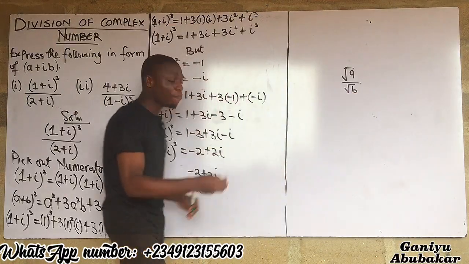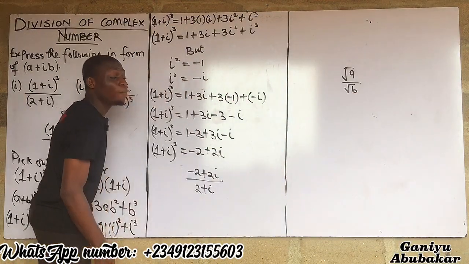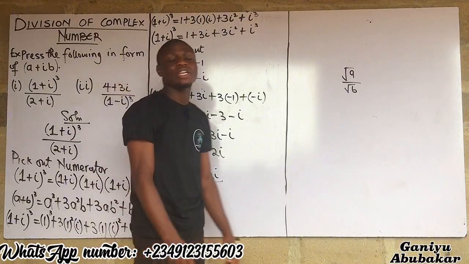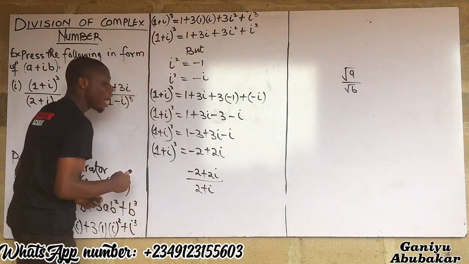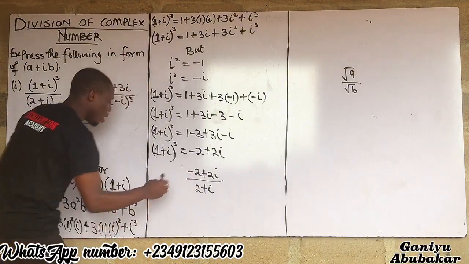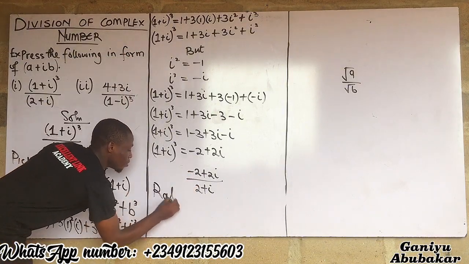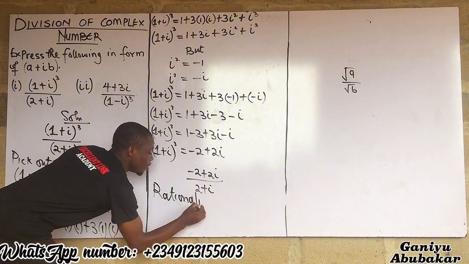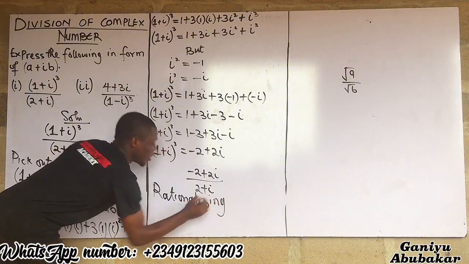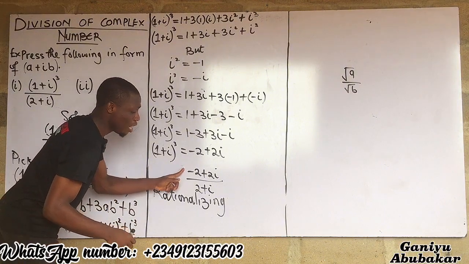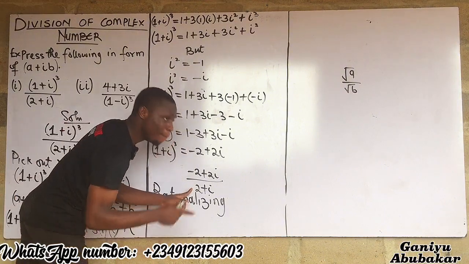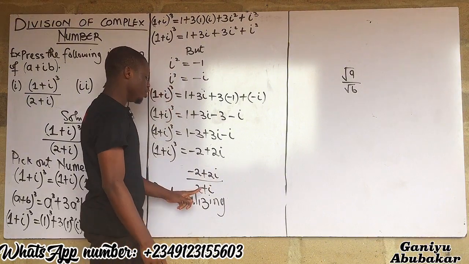Similarly, it's not proper for your denominator to be a complex number. So you still rationalize. How do you rationalize this? The task there is to multiply numerator and denominator by the conjugate of the denominator.